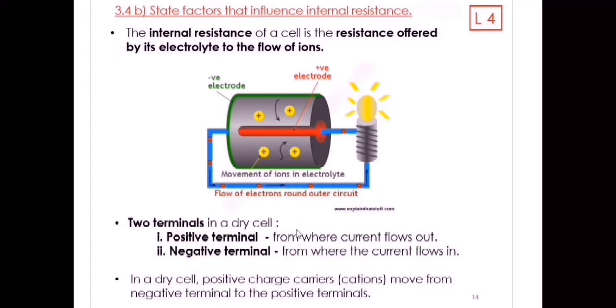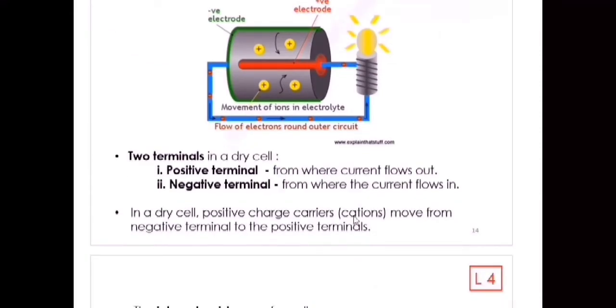Internal resistance of a cell is the resistance offered by its electrolytes to the flow of the ions. So in the battery there are electrolytes, and these electrolytes resist the flow of the ions. In the dry cell there are two terminals, the positive terminal and the negative terminal.